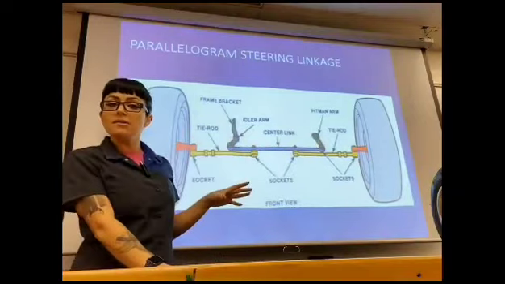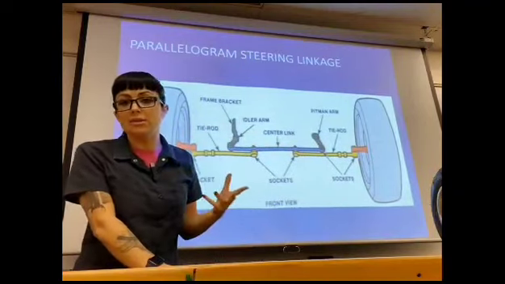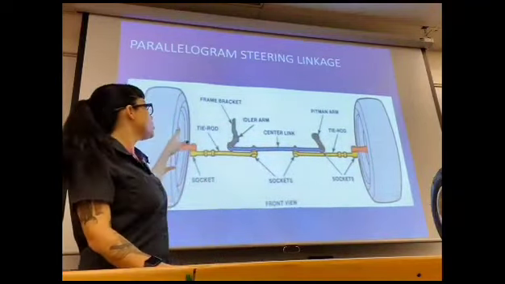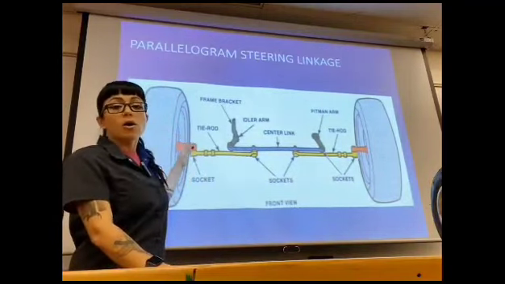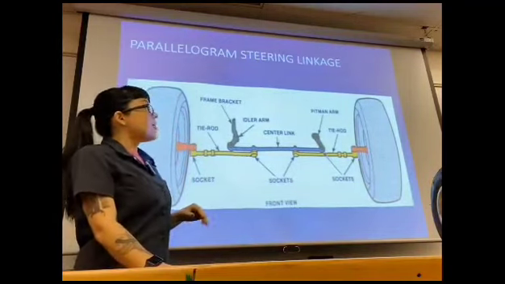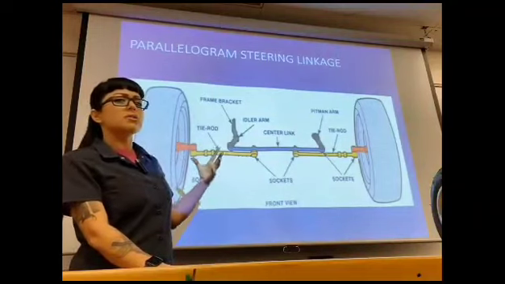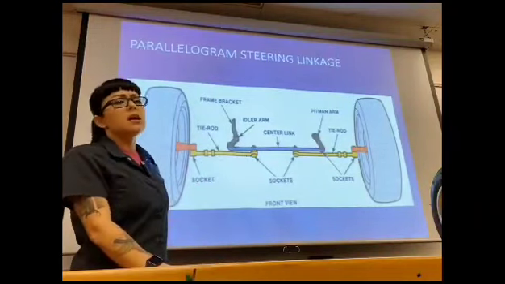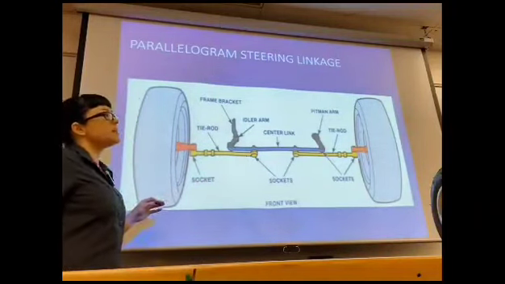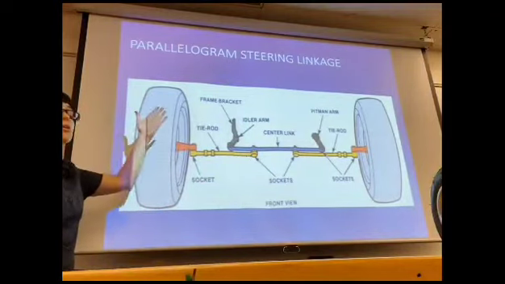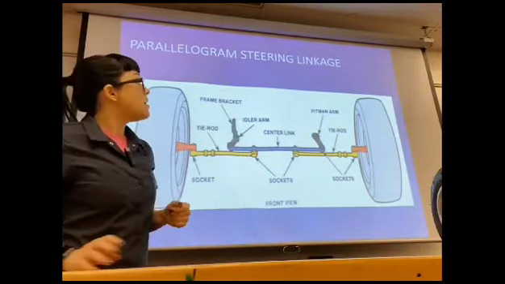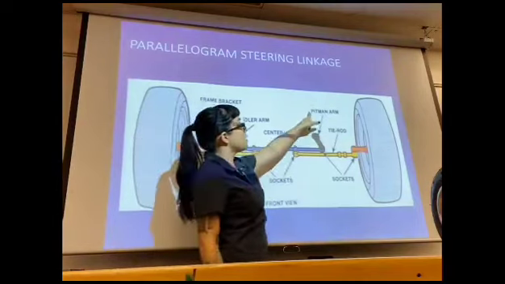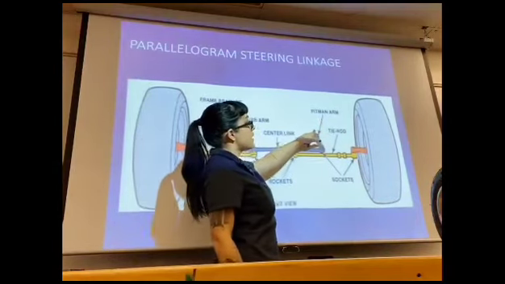Now, a gearbox design requires a lot more linkages, all kinds of connections to go out to our wheel hubs or our steering knuckles. And this is just one, a common design. There is more than just this one, but a common one that uses a steering gearbox is going to be a parallelogram type linkage. So what we're missing here is our gearbox.